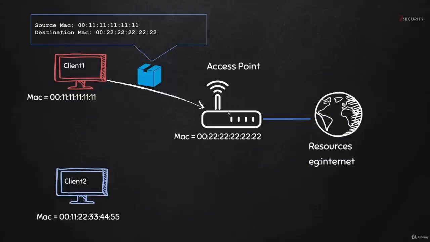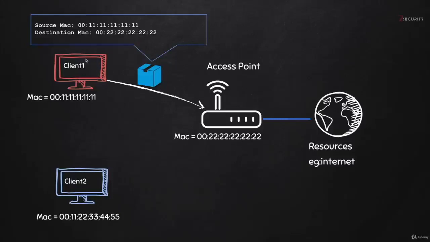Now in the network, devices ensure that these packets go in the right direction using the MAC address. So each packet has a source MAC and a destination MAC, and it flows from the source to the destination. In this example, we have the client, which has this MAC, and the access point, which has this MAC.